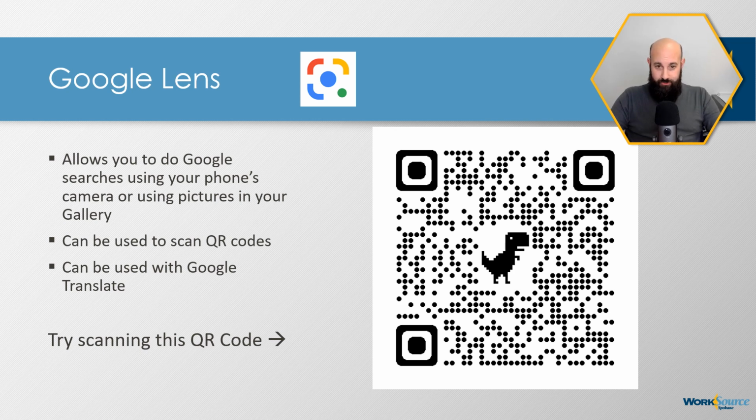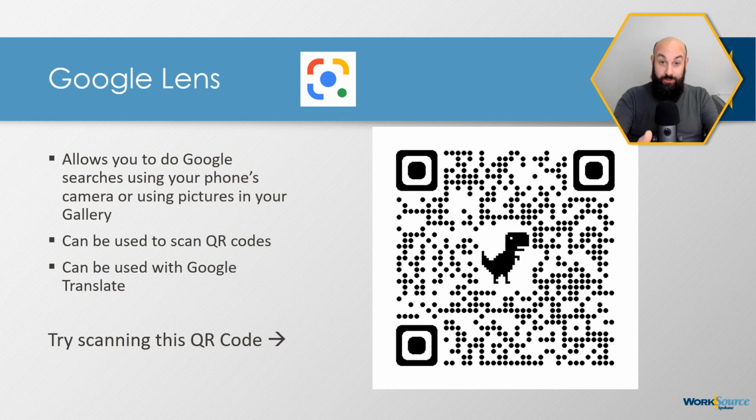Now, your standard Google search is typing keywords into the Google search bar, and Google searches the entire World Wide Web for anything that best matches those keywords. But as the old phrase goes, a picture is worth 1,000 words. Well, what better way to exemplify that than through Google Lens? If you can take a picture of something, you can search Google with it.